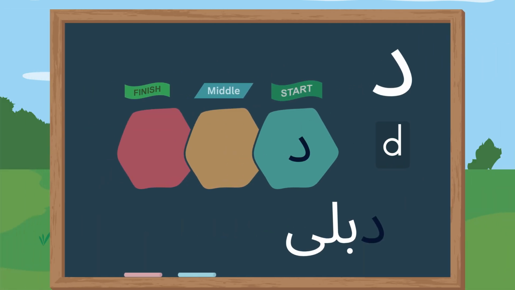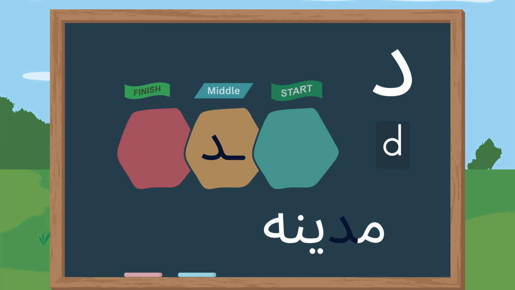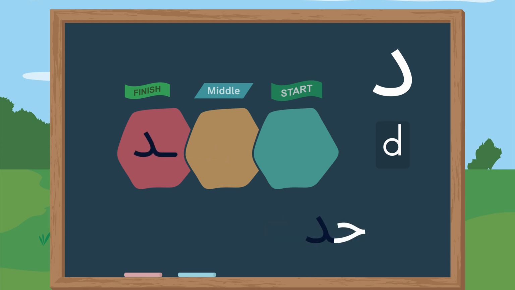The letter Dal is different, and it doesn't change shape at the beginning of a word. And the next letters that look similar to Dal follow the same rule.